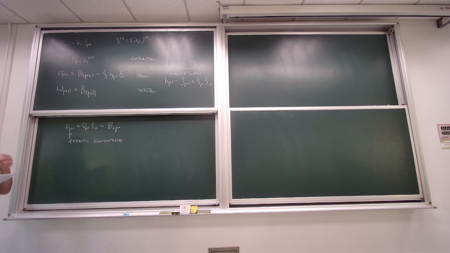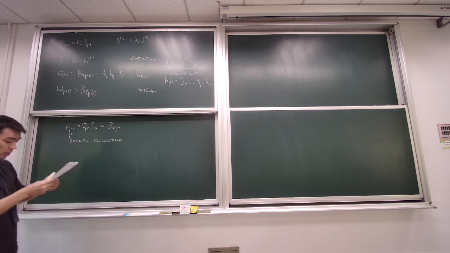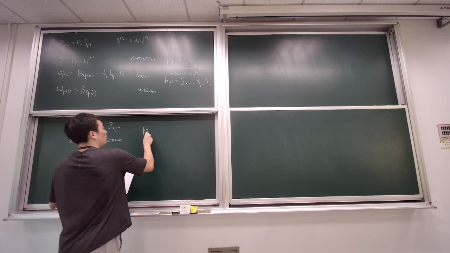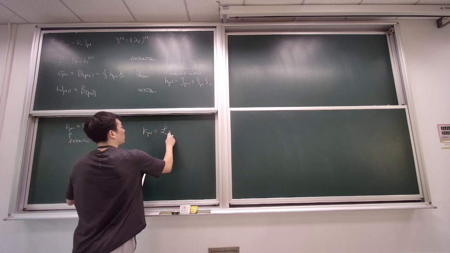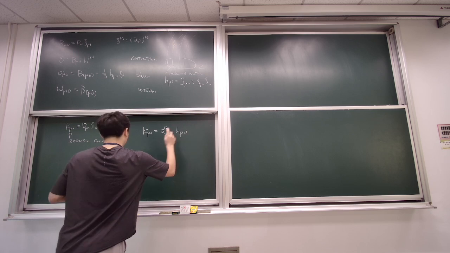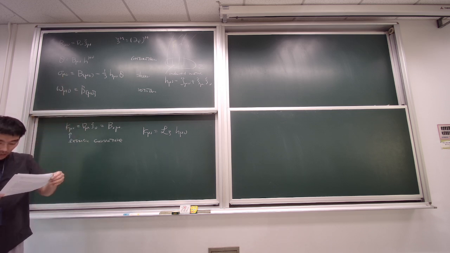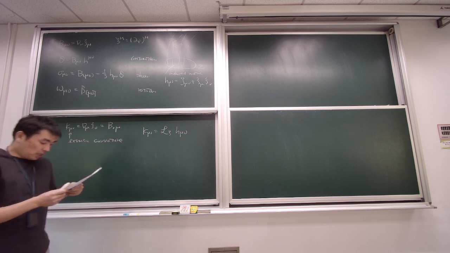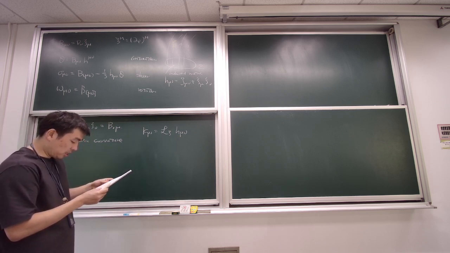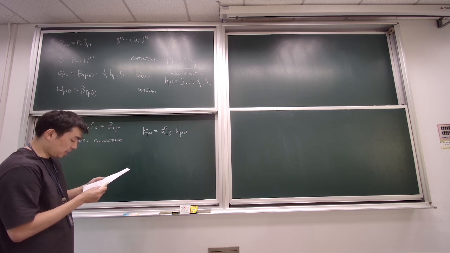And it's purely spatial. Another way to define it is that K_μν is the Lie derivative of the metric, how the metric changes along these geodesics. That's the induced metric.